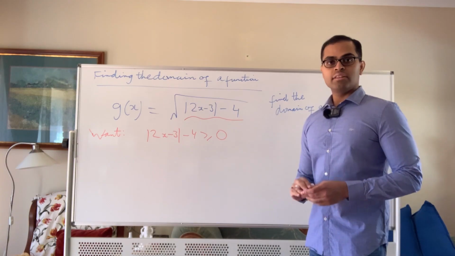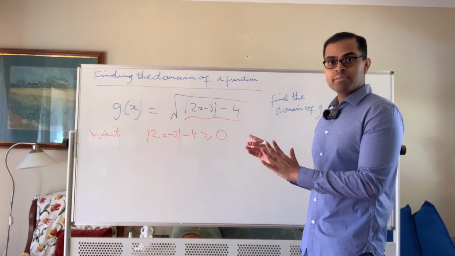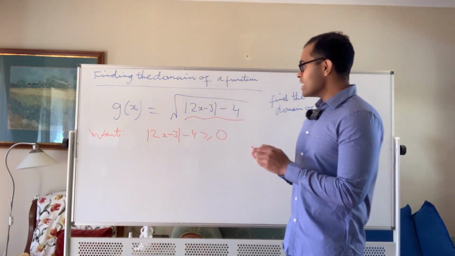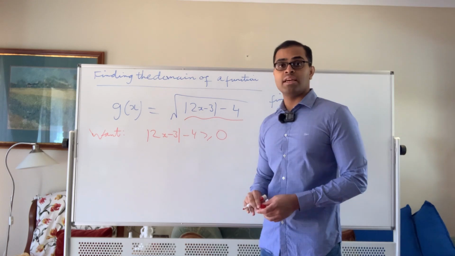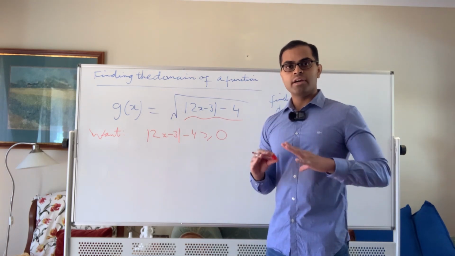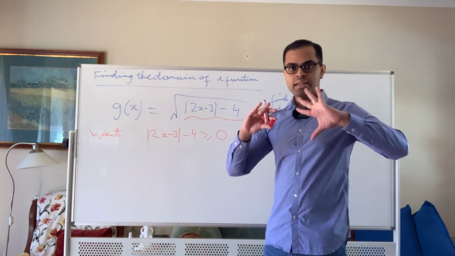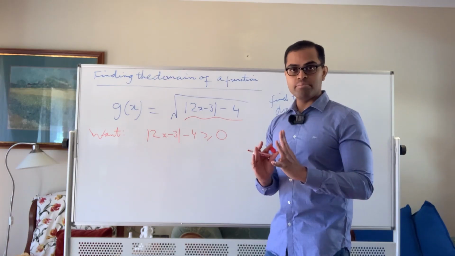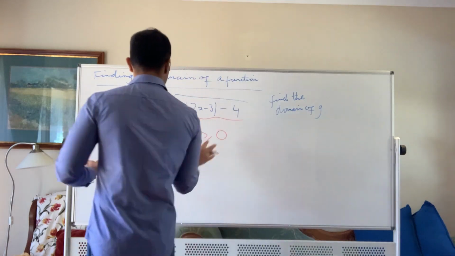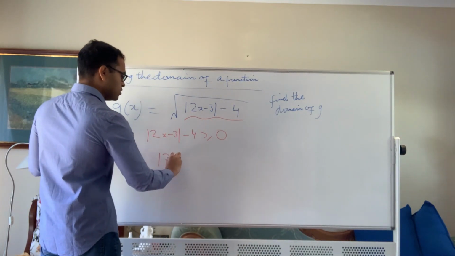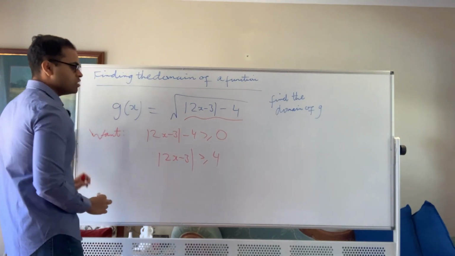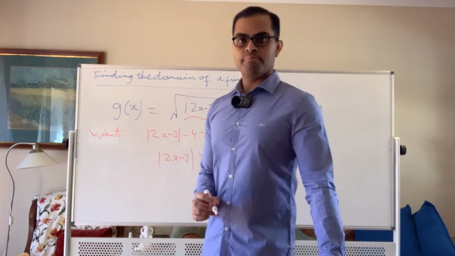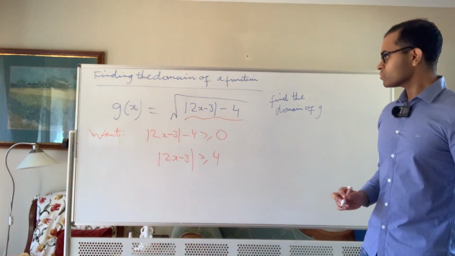Well, the first step, if you haven't seen something like this before, is always to isolate the x part. The absolute value of 2x minus 3 in this case is what I call the x part. You cannot simplify it, it's its own entity for the time being. So we just keep it to one side. We get the absolute value of 2x minus 3 is at least 4, because you add 4 to both sides of the equation.